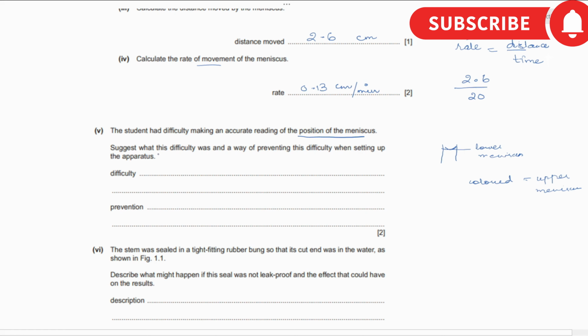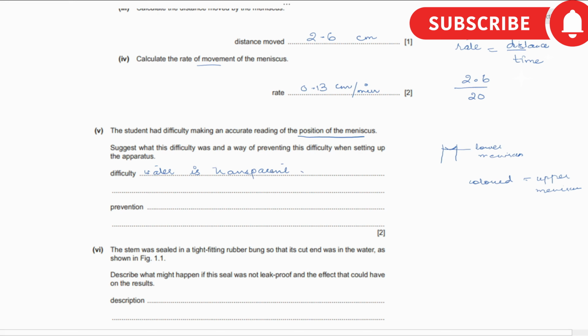State what this difficulty was and a way of preventing this difficulty when setting up the apparatus. Now we are using water, right? So water is transparent. Exactly, that would be more visible. Water is transparent.